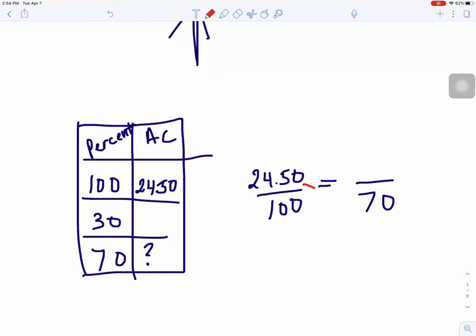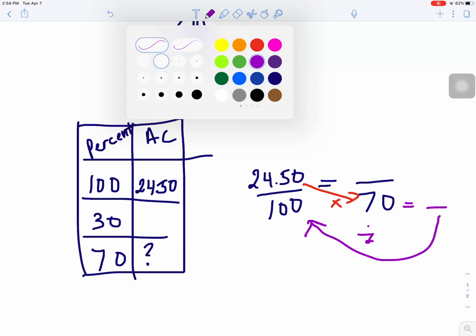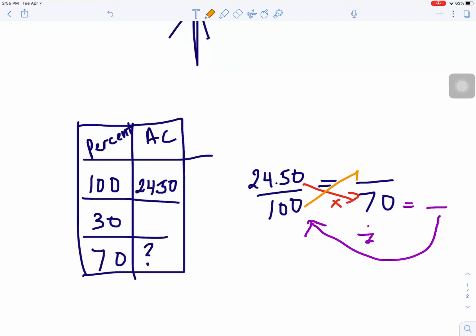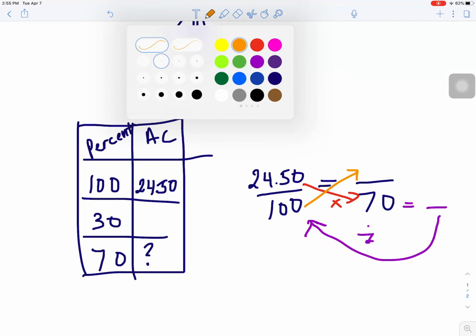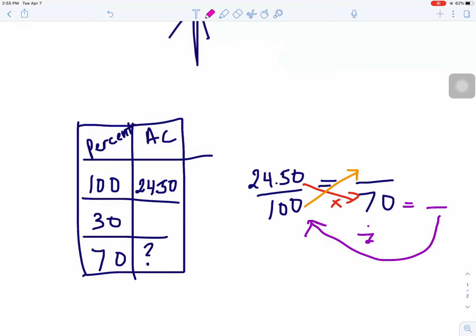So you've done cross multiplication before, where we multiply 24.50 by 70, and then we take that answer and divide it by 100, and that will give you your final answer. So I'm going to be plunking that in my calculator right now.